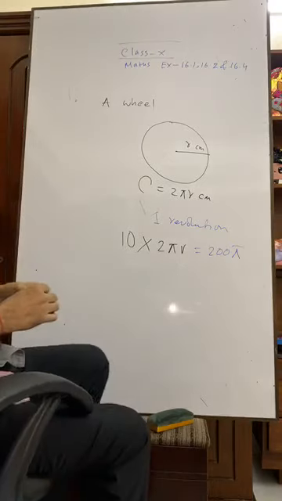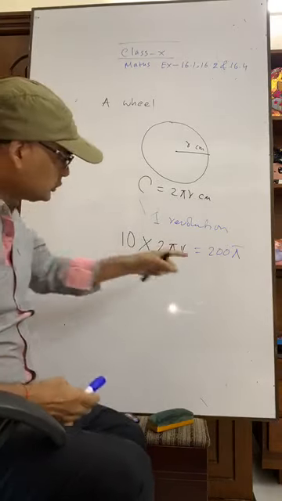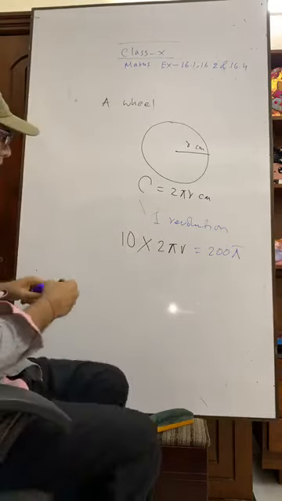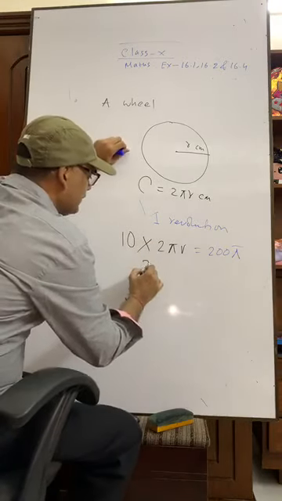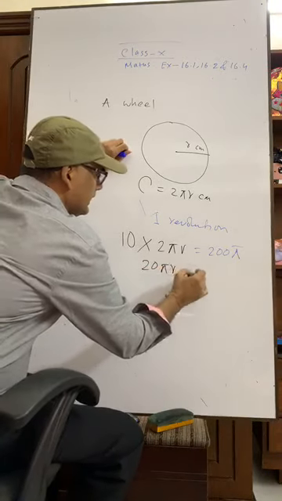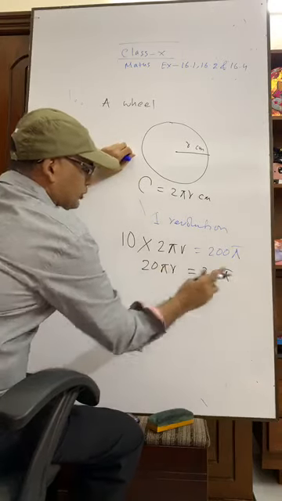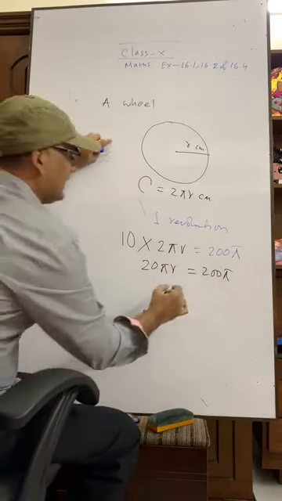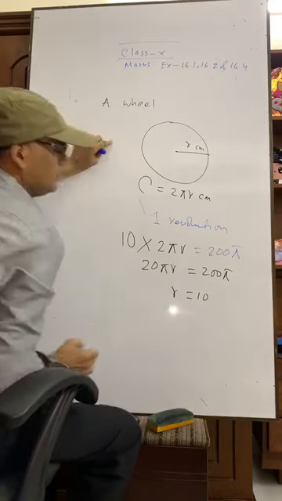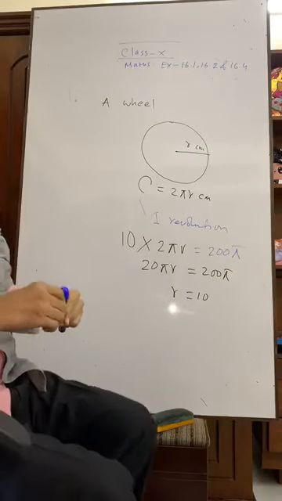You just take out the question and see. 200 pi, that means 20 pi r equals 200 pi. From both the sides, pi will be omitted, 20 r equals 200, that is r equals 10. So what is the radius of the wheel?